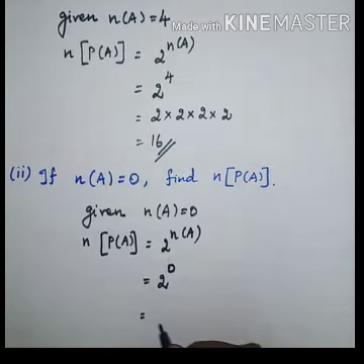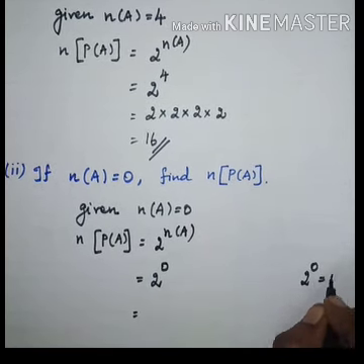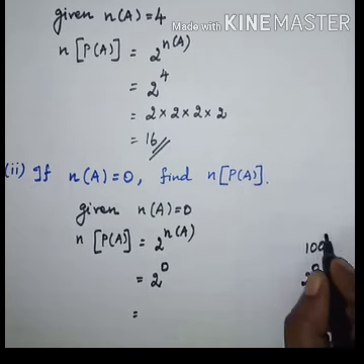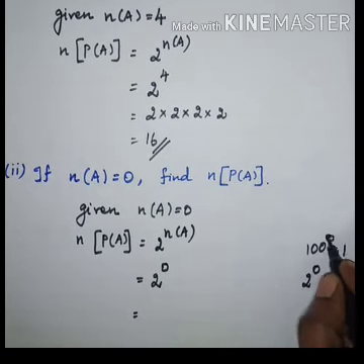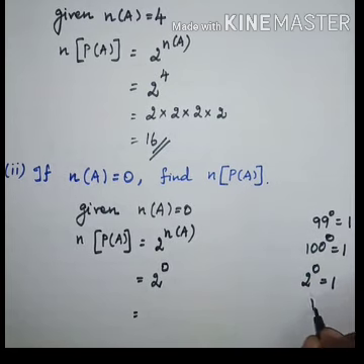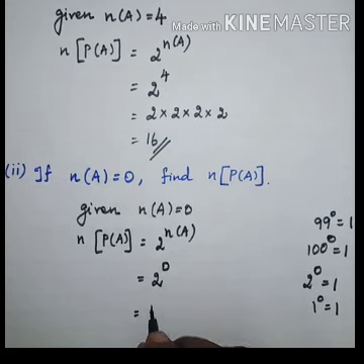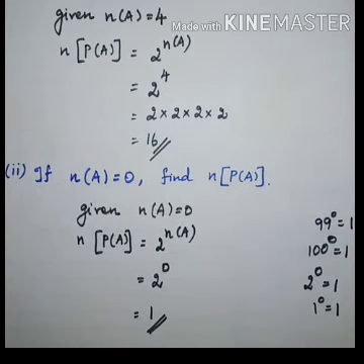So anything power 0, the value is 1. 100 power 0, the value is 1. 99 power 0, the value is 1. 1 power 0, the value is 1. So anything power 0, the value is 1. So the answer is 1.